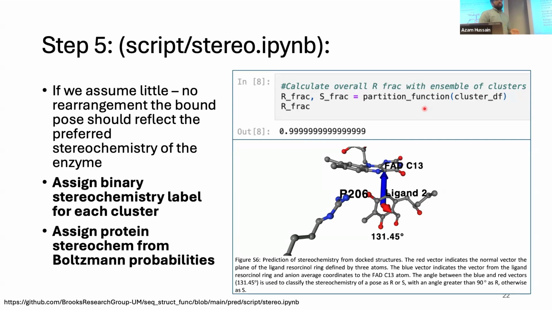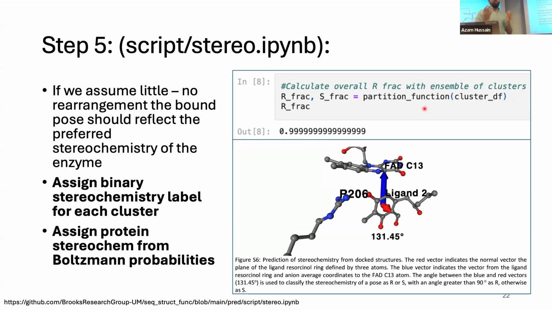You could honestly just take the top cluster. This is just for cases where the energy difference is really close. So if you take the top one, maybe it's R, and the other cluster is maybe half a kcal per mole less, and it does S. So technically you have evidence that this enzyme is racemic, and maybe you should label it as 50-50.